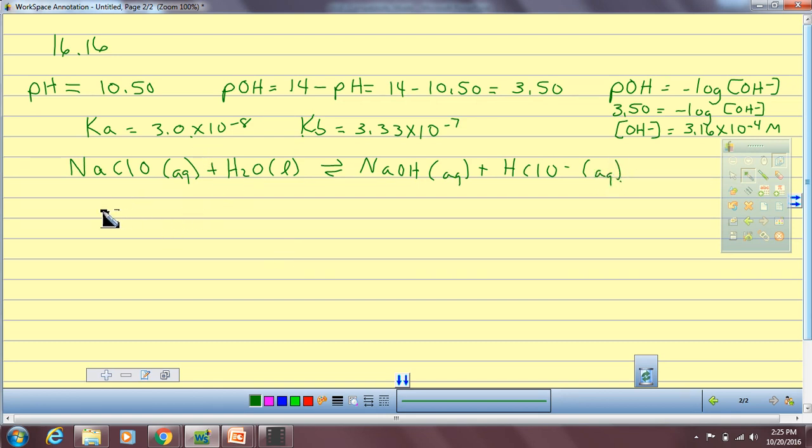So from that, our Kb expression will be the concentration of HClO times the concentration of hydroxide over the concentration of ClO minus. I keep looking at the wrong problem.